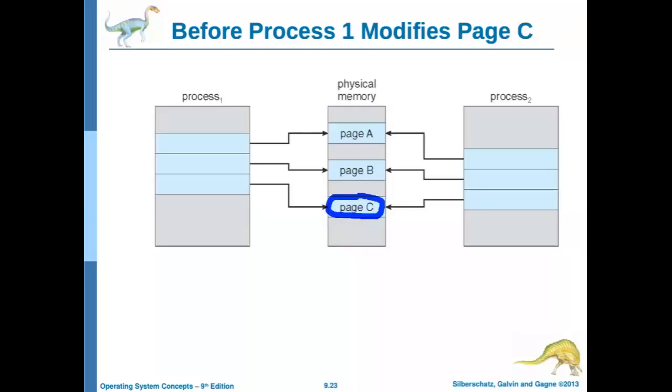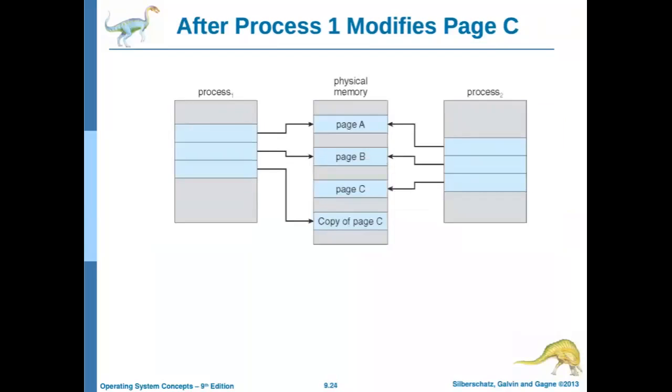That is what copy on write is. So for example, page C is copied here. So a new frame is allocated. Now process 2 will continue with the original contents, and process 1, which modified page C, will continue with the latest contents for that process. This is called copy on write.